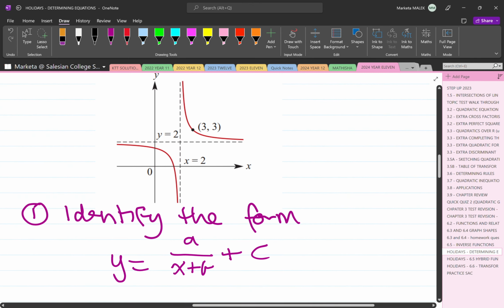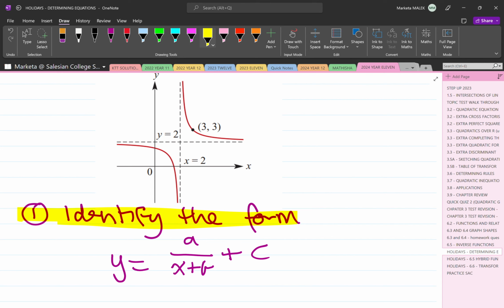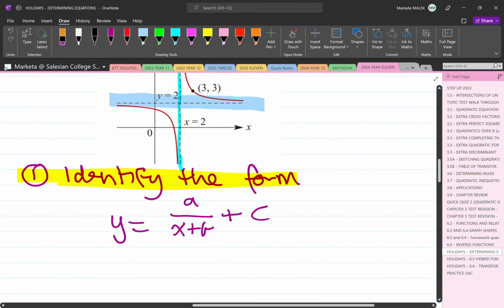And as we know, the asymptotes, which are here and here, those asymptotes are what's going to give us our b and c values in this case. So the x asymptote, x equals 2, so that means we're saying b is going to be negative 2.